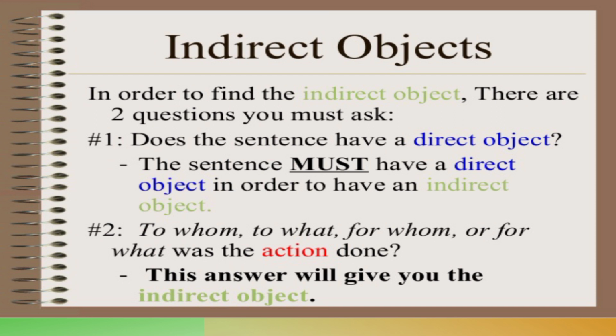Now, in a sentence, there will be a direct object. If there is a direct object, then only you will have an indirect object. So, the sentence must have a direct object in order to have an indirect object.